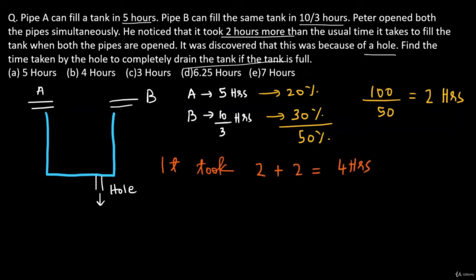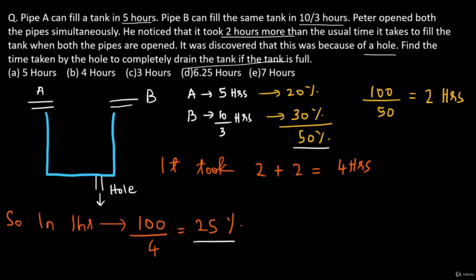Now in 1 hour, 100 by 4, that is only 25% of the tank got filled, right? So it should have filled 50% in 1 hour, but only 25% was filled. Now the difference is 50 minus 25, which is equal to 25, right? And this is because of the hole, right? That's why there is a reduction in the per hour filling of the tank.